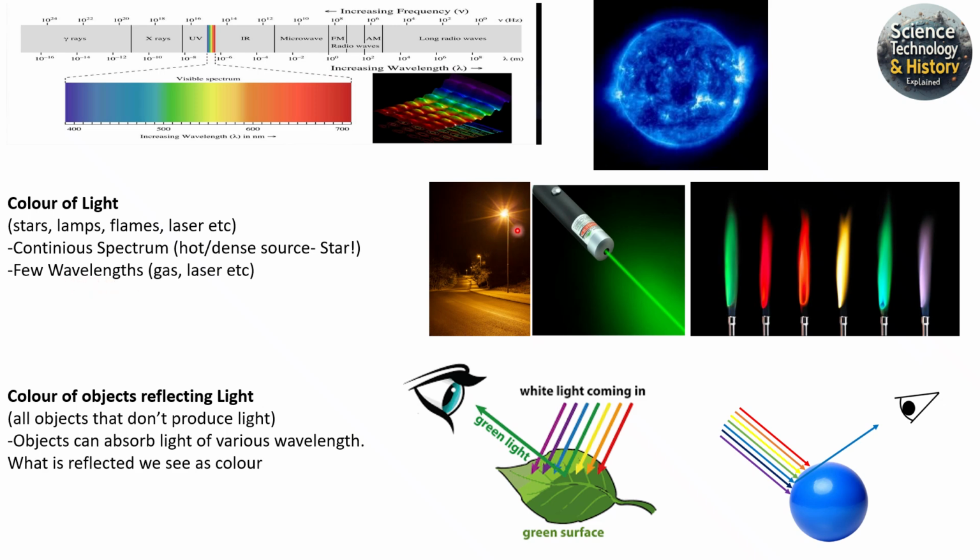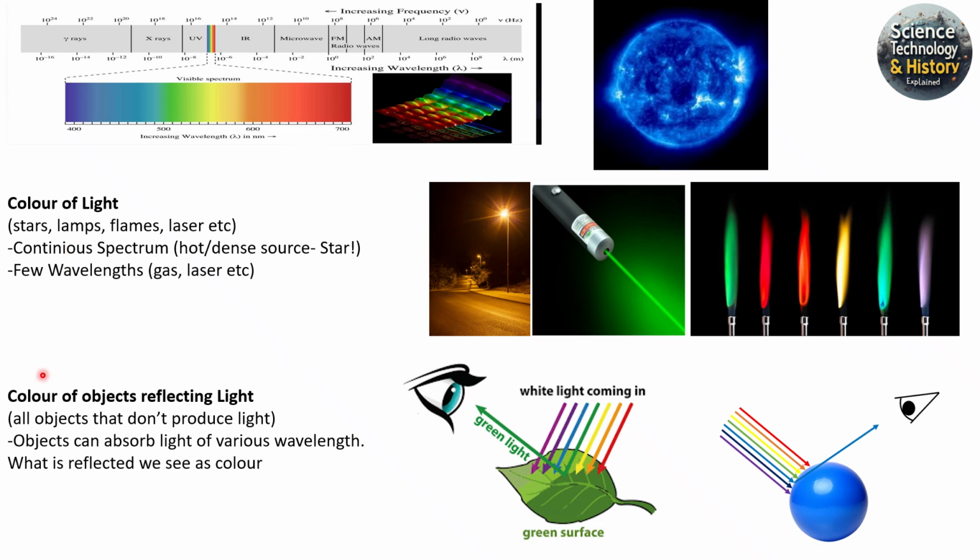For example, a sodium lamp is typically orange, and it's only sending out wavelengths around this orange band. If you have different metals in a gas, for example, strontium gives us a nice red light, copper gives something blue-green, etc. But stars will not be emitting only one wavelength, they will be emitting over a long range because they are hot and dense.